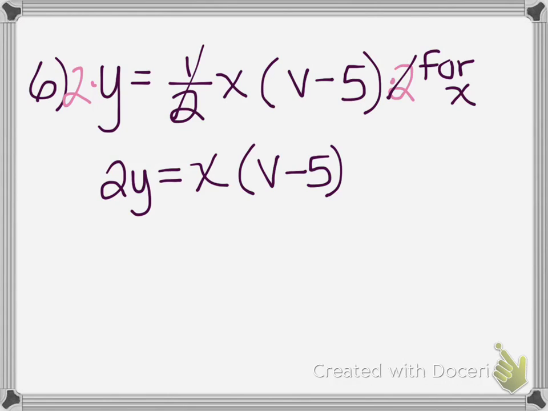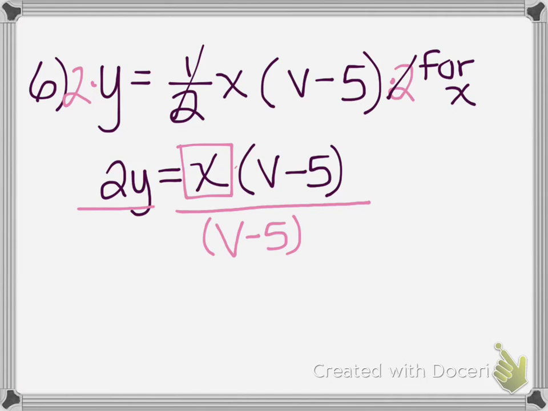Now I need x by itself, just x. So I'm not going to distribute x because then I'd have 2 x's and I need x by itself. So don't separate it any more than it already is. So since v minus 5, the whole quantity in parentheses, is being multiplied by x, I'm going to divide this whole side by v minus 5.